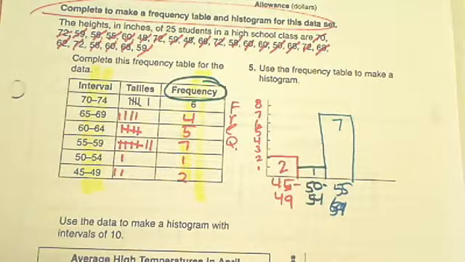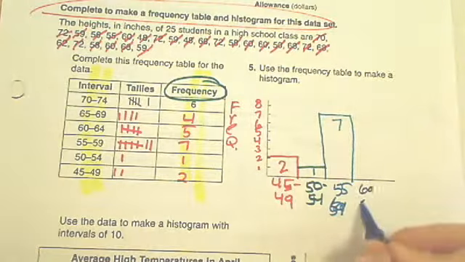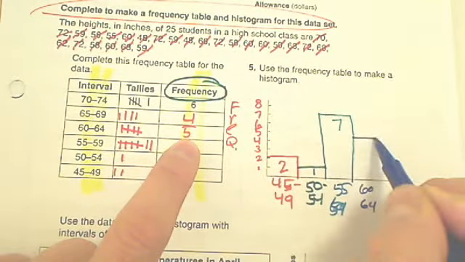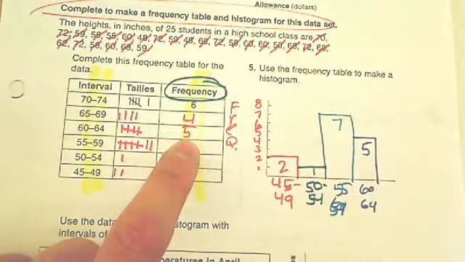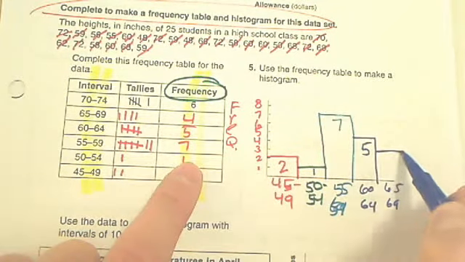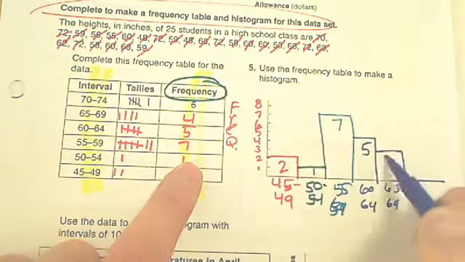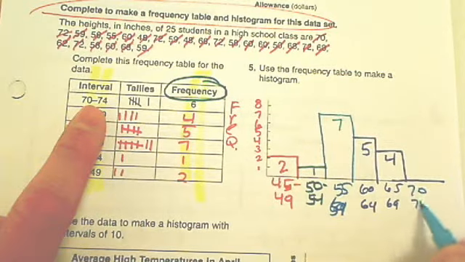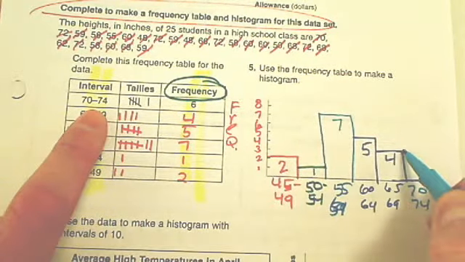It keeps me from making a mistake. 60 to 64. 5. 65 to 69. 4. Sorry, it's going to go off a little bit. And the last one, 70 to 74. 6.